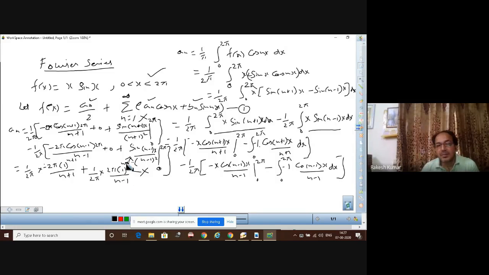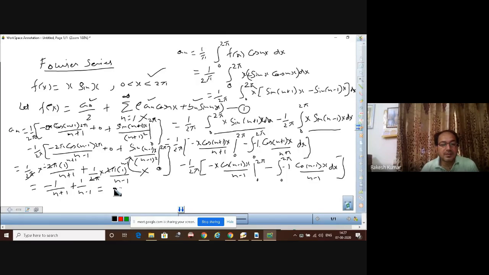But 1 raised to power n minus 1 and 1 raised to power n plus 1, whether n plus 1 is an even quantity or odd quantity, will give 1. So there is no need to take a power n plus 1 here. 2 pi is cancelled. It comes out to be minus 1 over n plus 1. Similarly, 2 pi is cancelled, and 1 raised to power n minus 1, whether it is even or odd quantity, will give us plus 1 upon n minus 1.